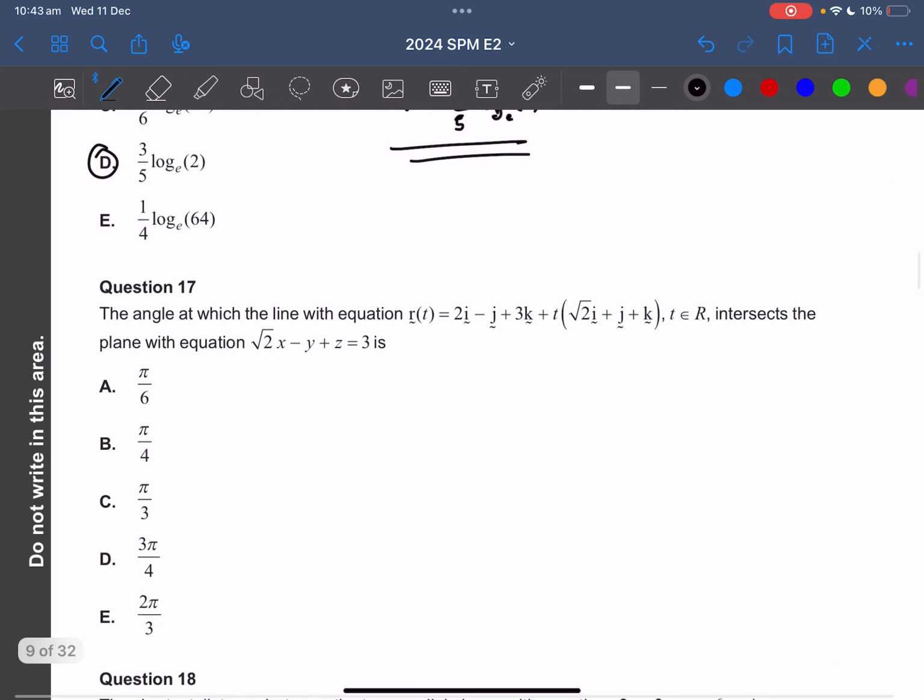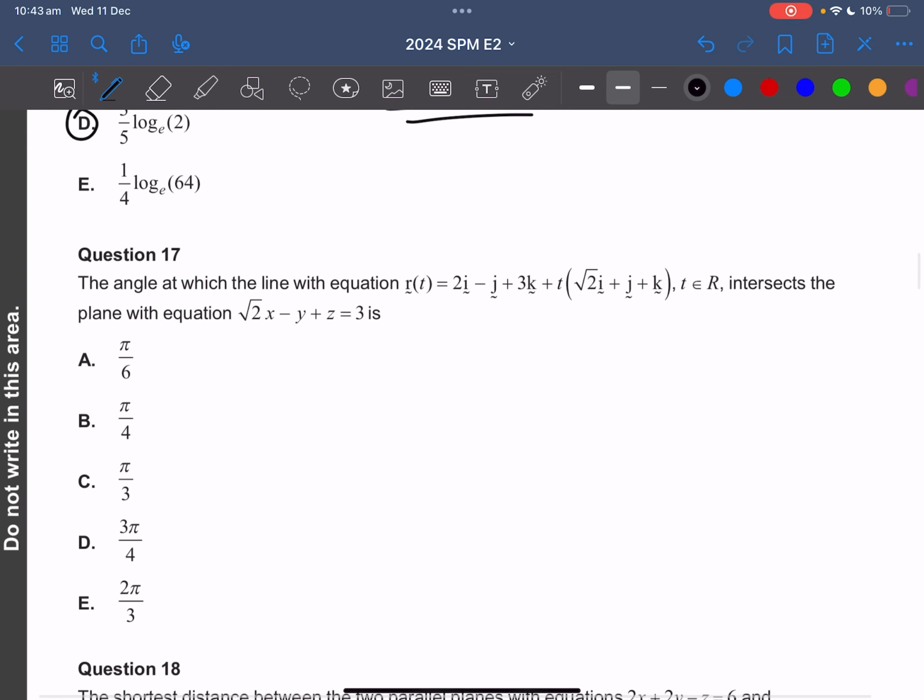Okay, so the angle at which the line with this equation intersects the plane with this equation, we can just use the formula for this. So we'll have sine theta equals the dot product between the direction vector of the line and the normal vector of the plane. So we will have (root 2, 1, 1) and then (root 2, -1, 1).